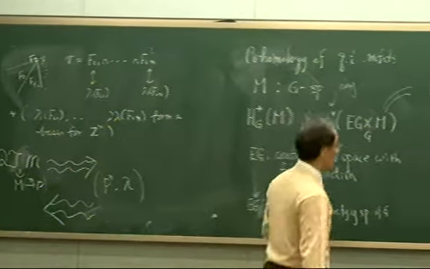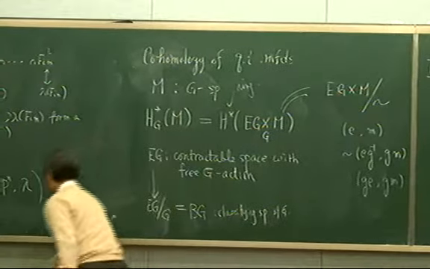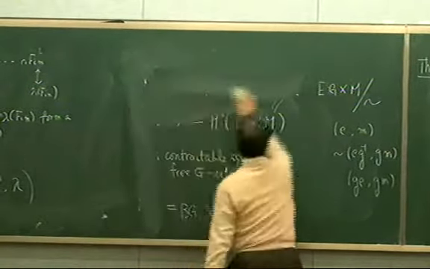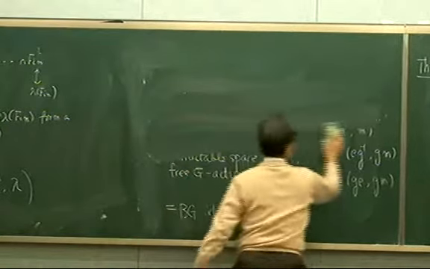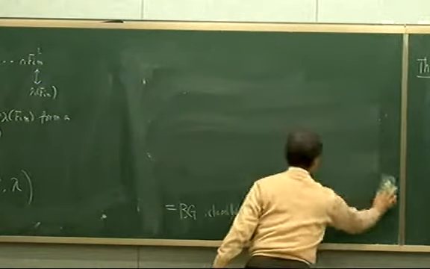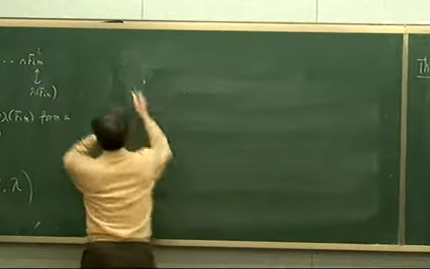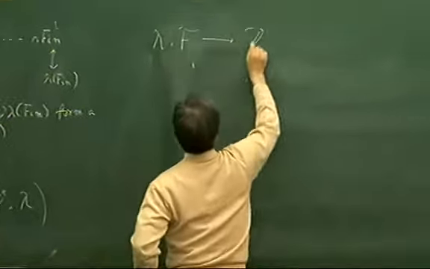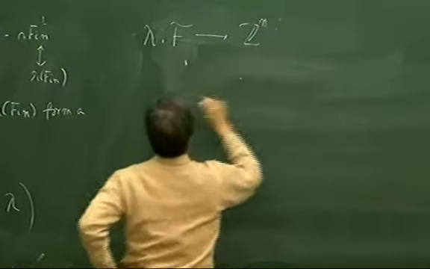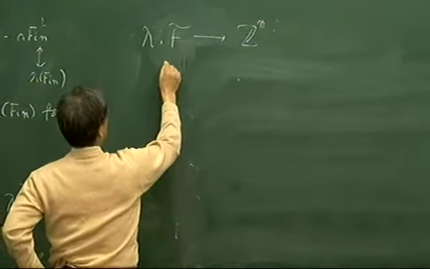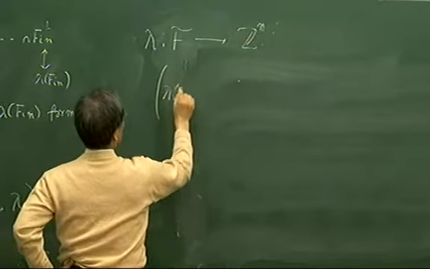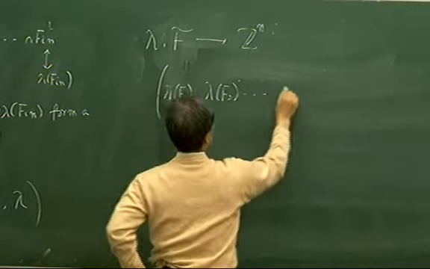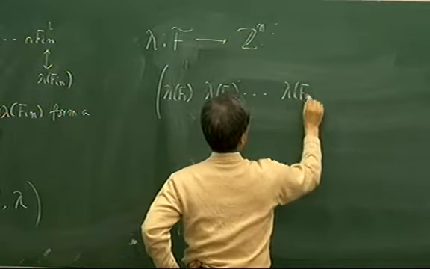So just to write it down, lambda maps the set of facets F to Z^n, giving lambda F1, lambda F2, ..., lambda Fm.